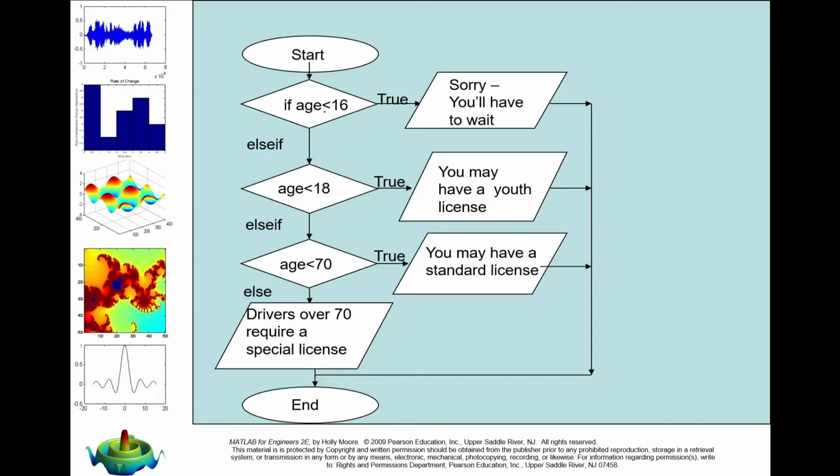If the comparison is true, the program will execute this line. It will display sorry you have to wait, and then exit the if structure. End means it exits from the if structure.